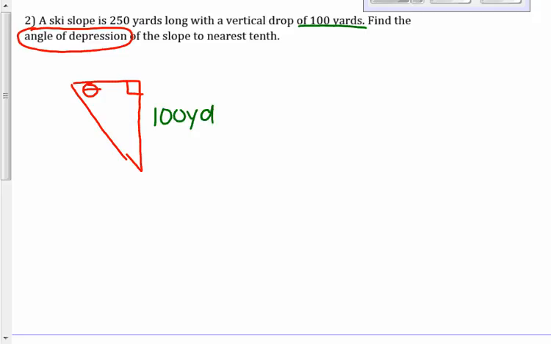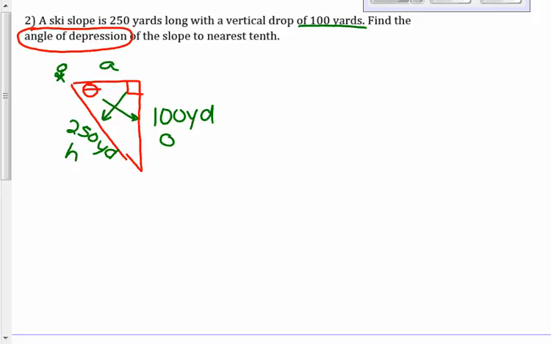And the ski slope itself, so anytime we think of slope, we're thinking of change in y over change in x, or rise over run. So with that being said, that is your hypotenuse or the diagonal in this problem. So that slope is 250 yards, which is across from the 90, your hypotenuse. So if you're standing up at the angle of depression, the side across from you is your opposite, the side next to you is your adjacent, and the side across from the 90 is your hypotenuse.